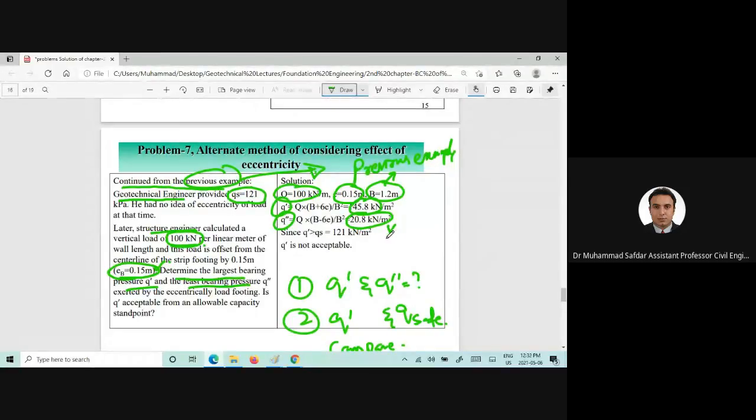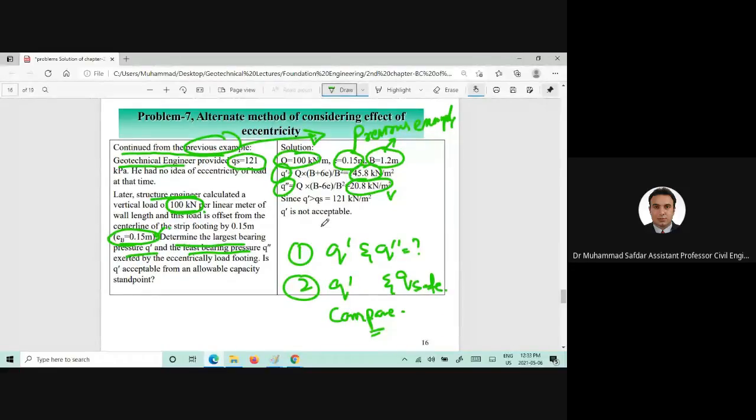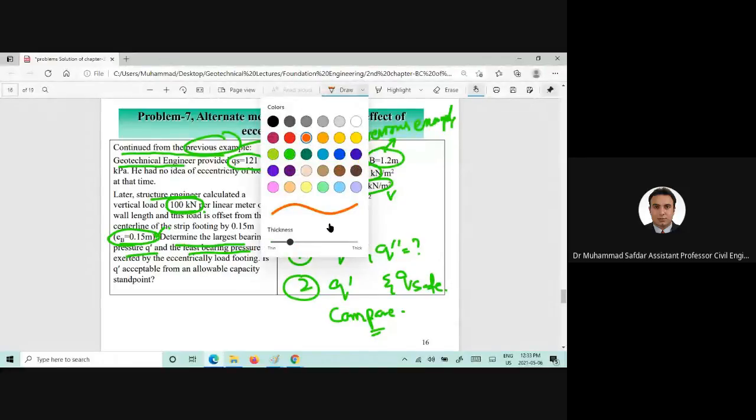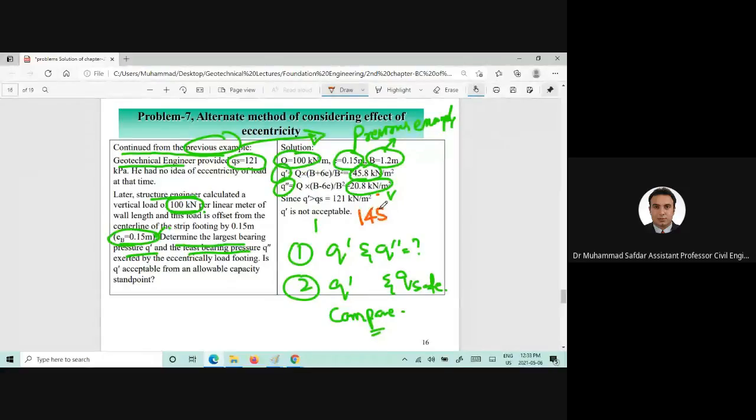But if you compare with the Q prime, 145 is greater than the Q safe, which is 121 kilopascal. Okay, so this is not acceptable because the largest bearing pressure is greater than the safe bearing capacity of this soil.